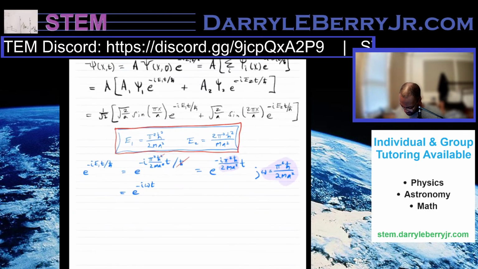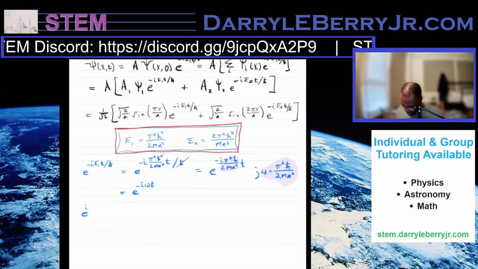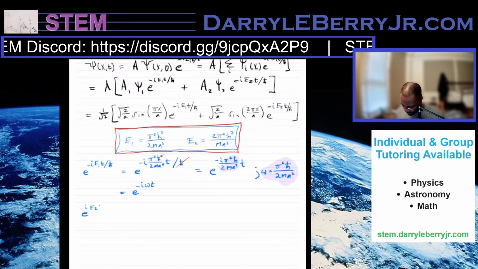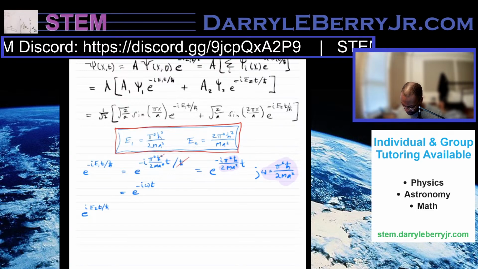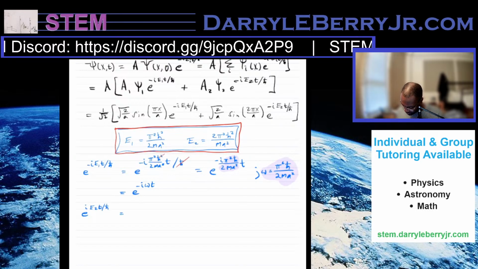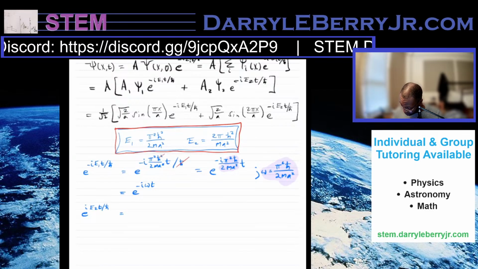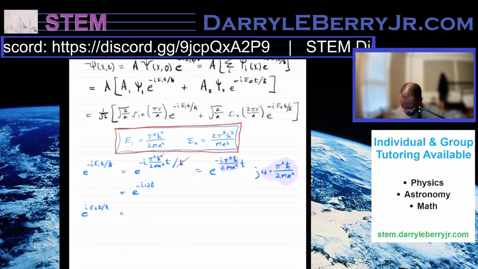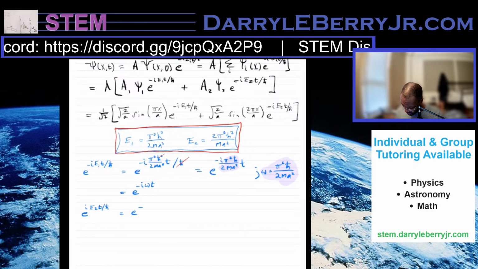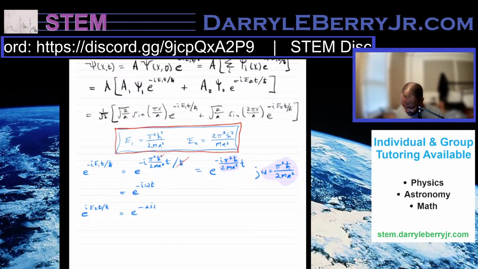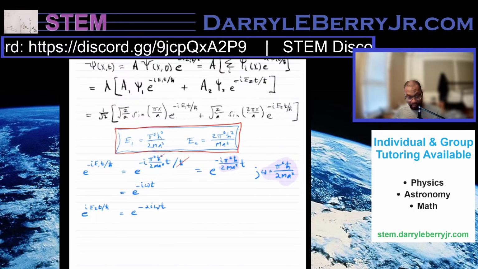So then we have e to the i E2 t over h bar. That's going to equal double the first one. That's going to be e to the negative 2i omega t.